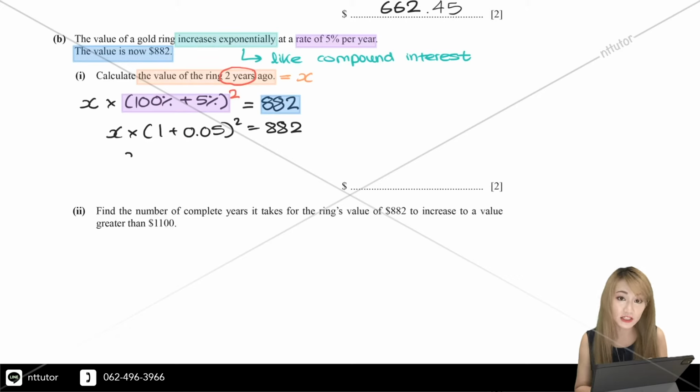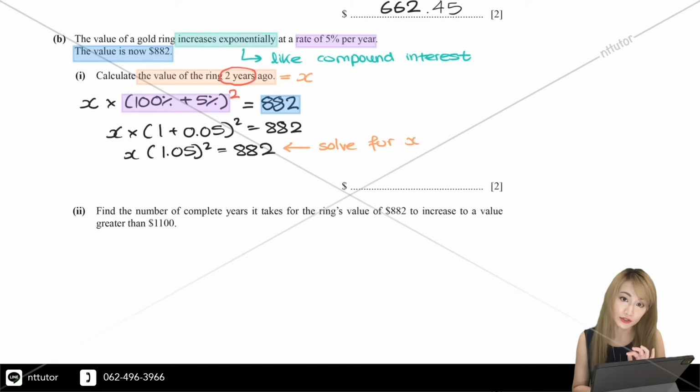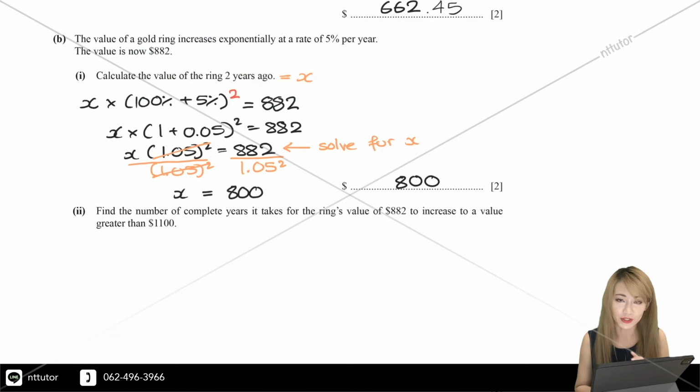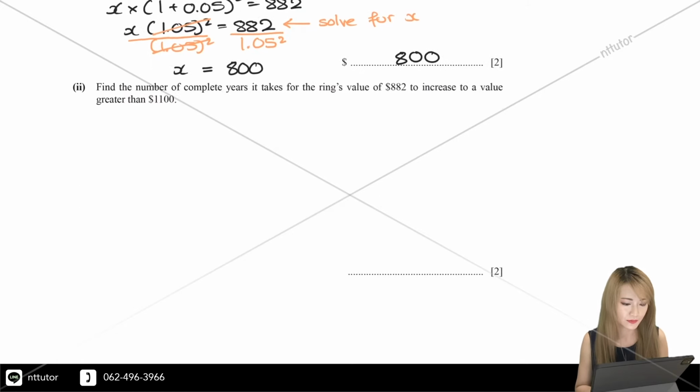So x multiplied by 1.05 to the power of 2 equals 882, and we can solve for x by dividing both sides by 1.05 to the power of 2. So x equals 882 divided by 1.05 to the power of 2, x equals 800. So the original price of the ring was $800.